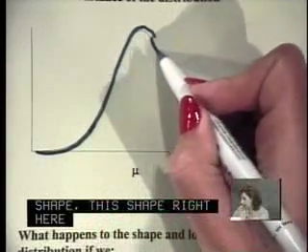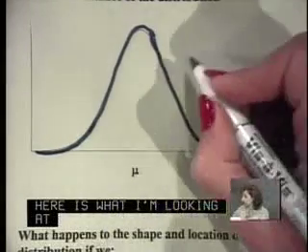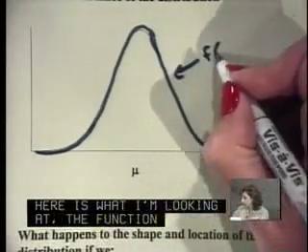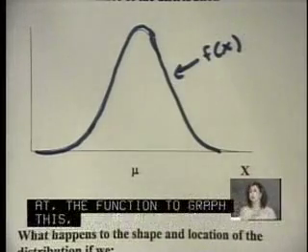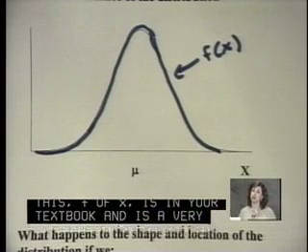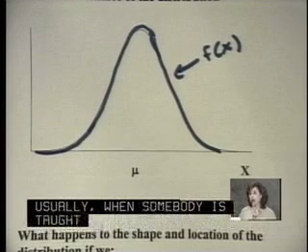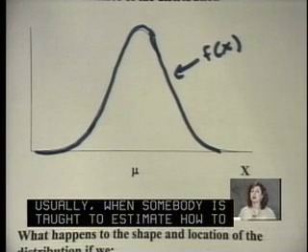The function to graph this, f of x, is in your textbook and is a very complicated function. One, in fact, that usually when somebody is taught to estimate how to integrate that function, it's only based on using numerical approximations.